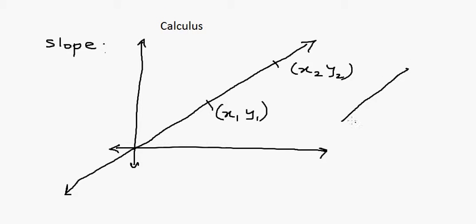For this journey, I can take an alternate path. I can first move parallel to the x-axis, and then move upwards, to the north, 90 degrees. This is my first part, this is my second part, and I ultimately reach the same point.